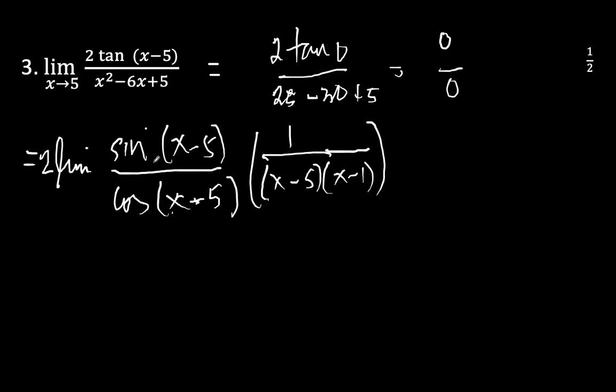Okay, so now the angle measure of the sine function is x minus 5. So we need to place x minus 5 in the denominator of the sine for us to use theorem number 1, as x approaches 5.